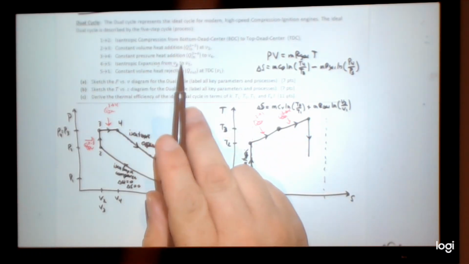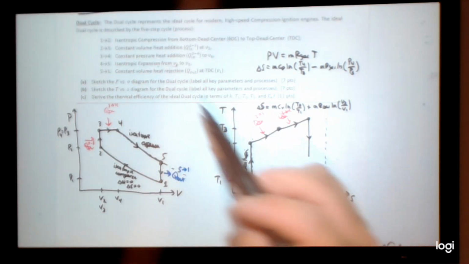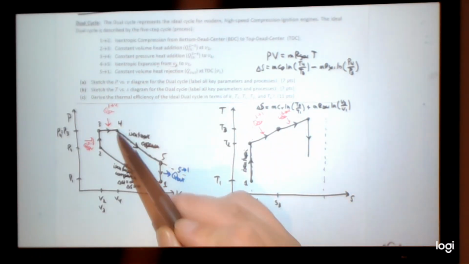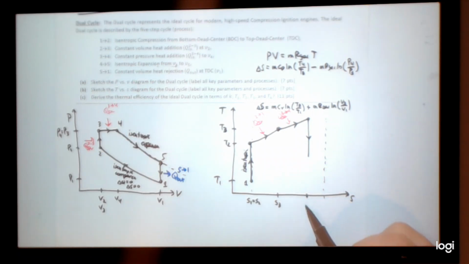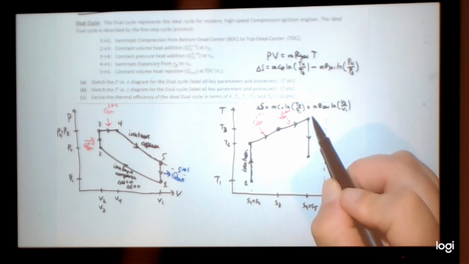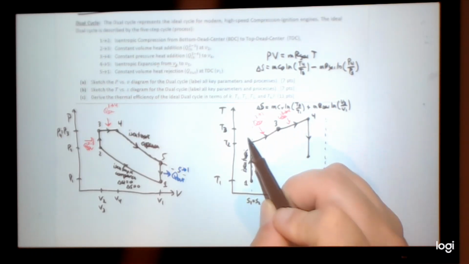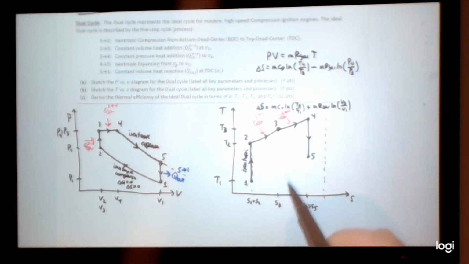isentropic expansion from V4 to V5. Well, isentropic, S4 equals S5. And then I have back to my initial state.